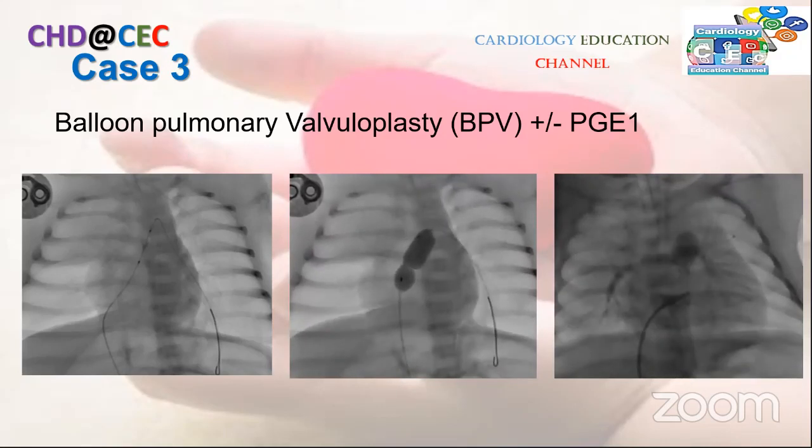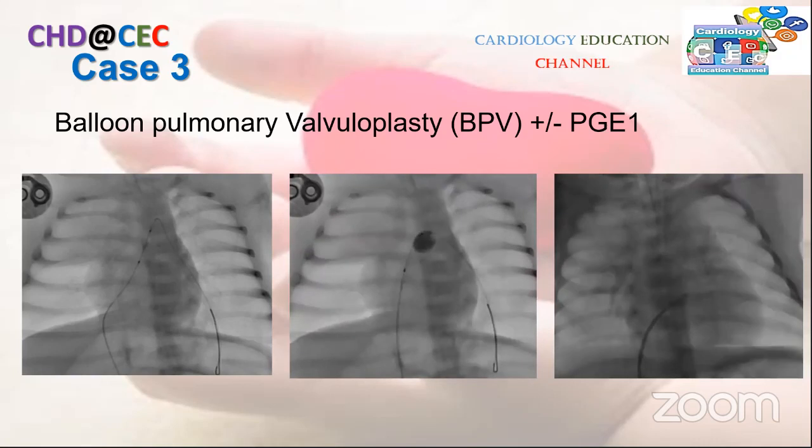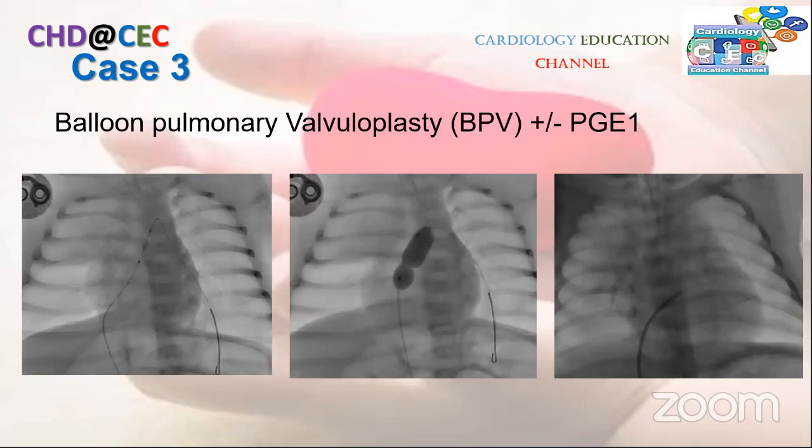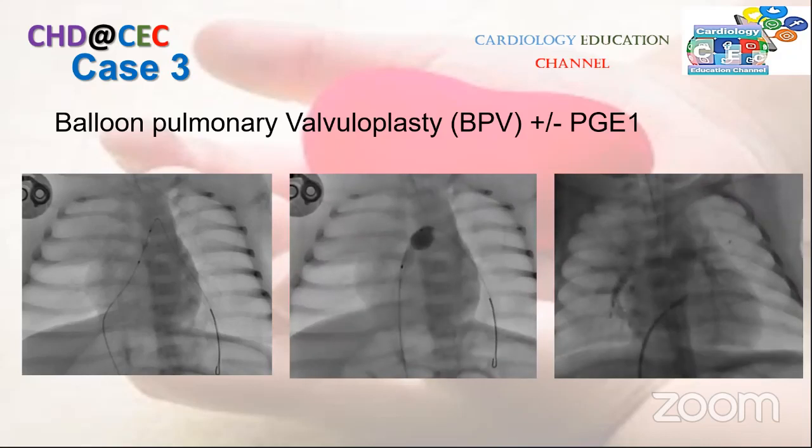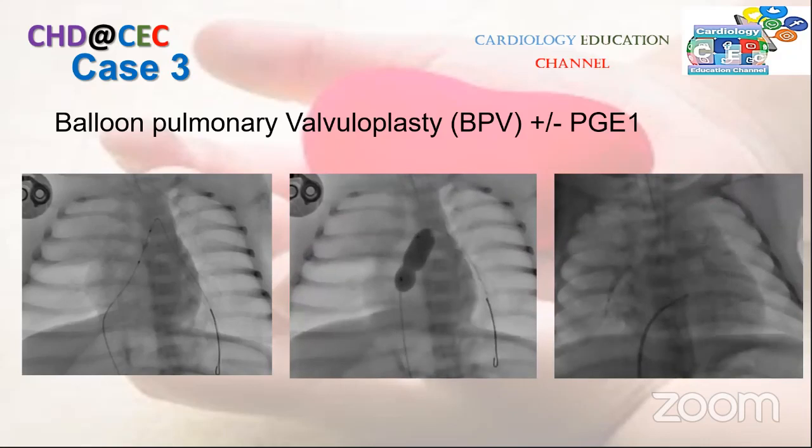Simply, it is a sudden collapse of the RV after balloon dilatation, resulting in a cardiac arrest, and usually suicidal RV is unrecoverable, and usually those babies pass away.